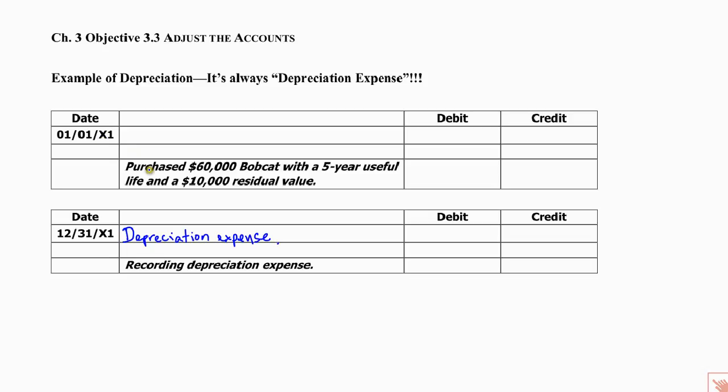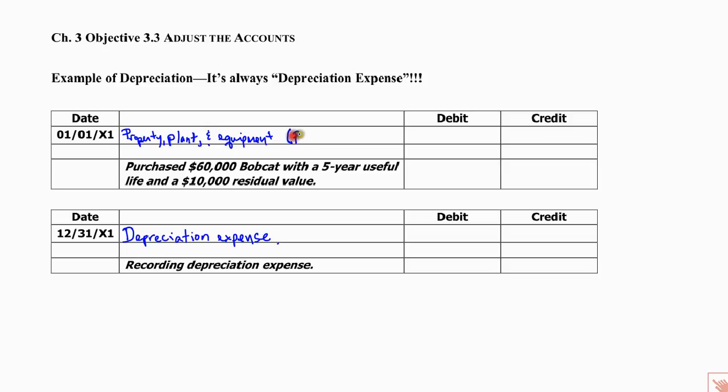In the first journal entry, this is the setup. We're going to purchase a $60,000 Bobcat. I'm going to put it in, instead of equipment, just property, plant, and equipment. That's really the catch-all account that we'll use most of the time, and you'll see it on financial statements.